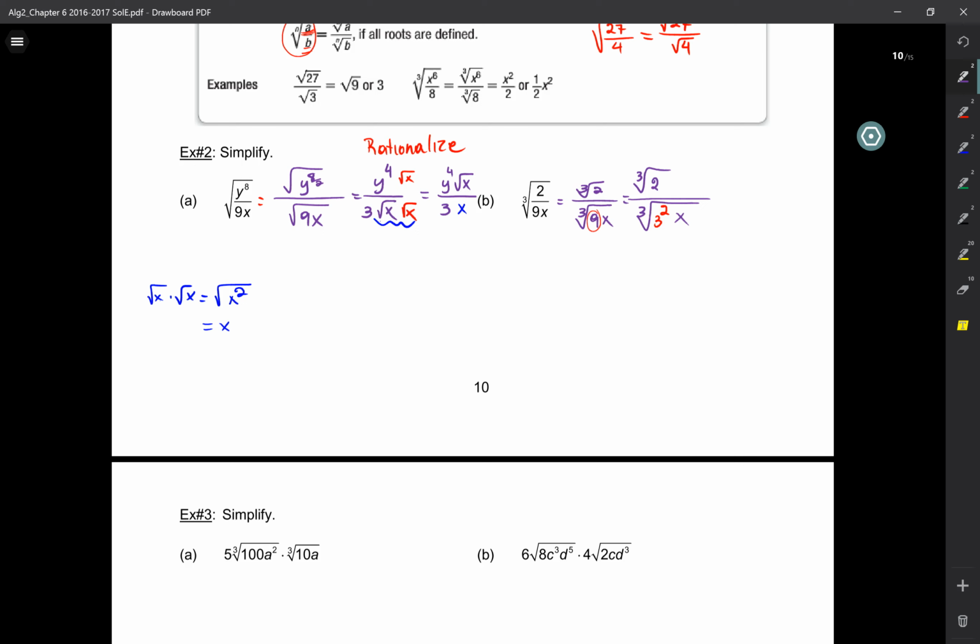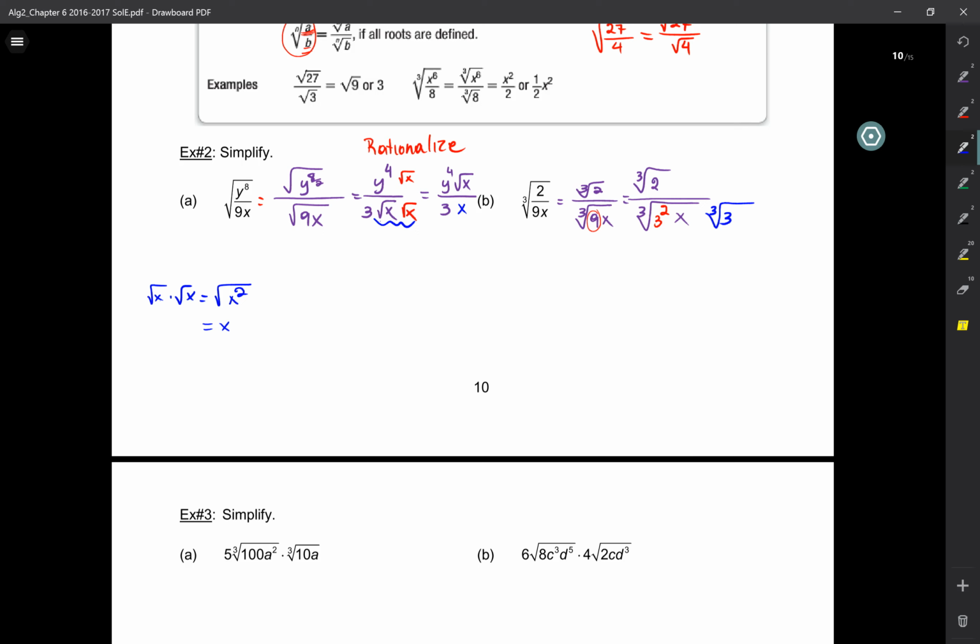How many additional ones do I need to make 3? 1 more to make 3. So now I'm going to add 1 more. The way I add is I do this. Cube root of 3. You see how you multiply root x, in order to complete it? Here I'm going to multiply cube root of 3. Cube root, because this is a cube root. And now I have 2 of them in here. I need to put in 1 more.